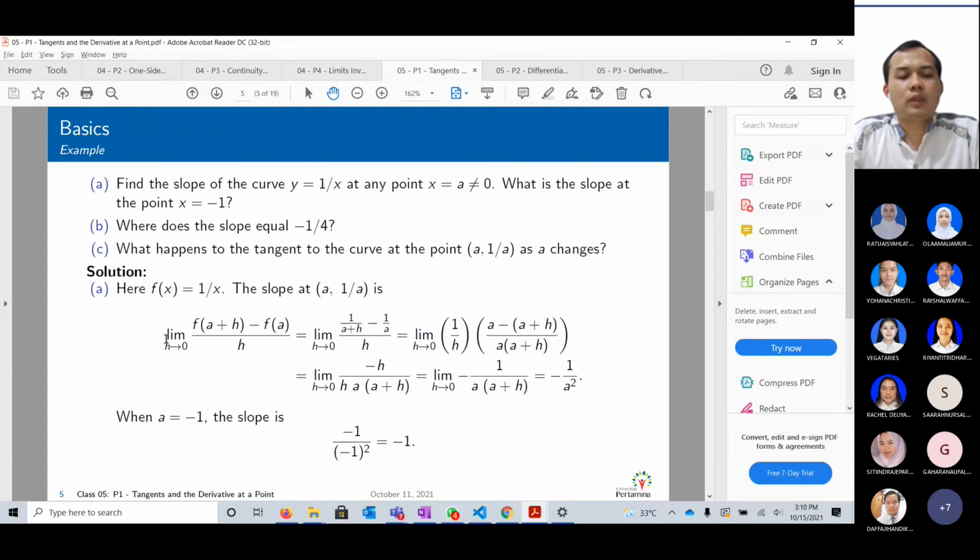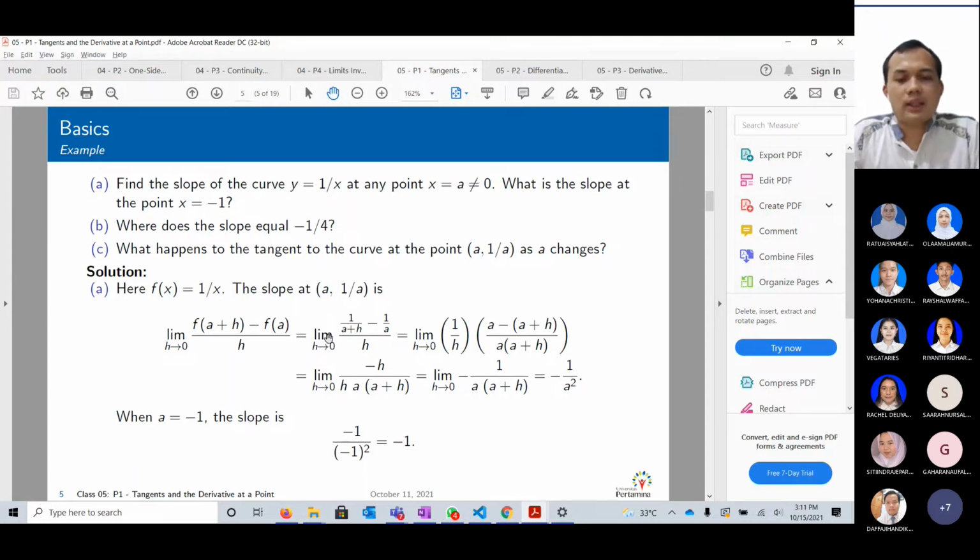So, jadi kita punya limit h menuju 0 dari f(a plus h) minus f(a) per h. And then we compute the limit, in the end we get that the slope is minus 1 over a squared. Jadi di sini kita dapat kemiringannya adalah minus 1 per a kuadrat.